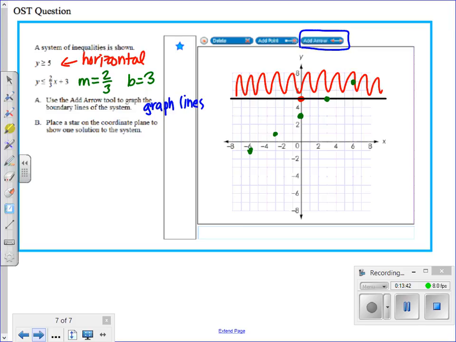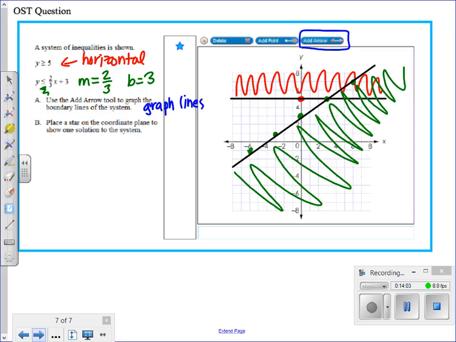That inequality also gets a solid line because it is less than or equal to. So I'm going to go ahead and graph that line. Now I have to shade for this line as well. Y is less than or equal to, which means I'm going to shade below here.